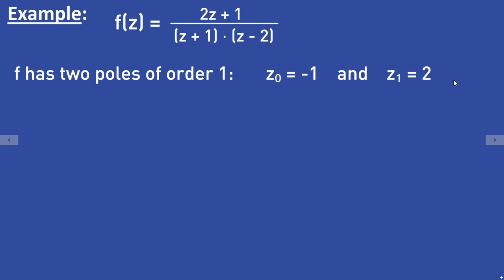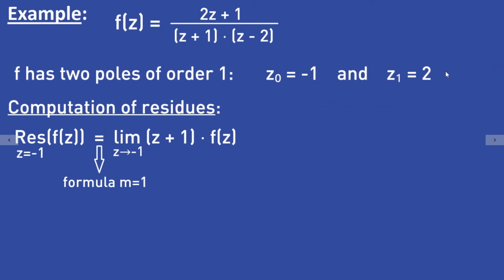If you don't know why these two points are poles of order 1, watch my video about isolated singularities. You will learn how to identify poles of order m in that video. Now we will compute the residue of the function f at the poles of order 1.